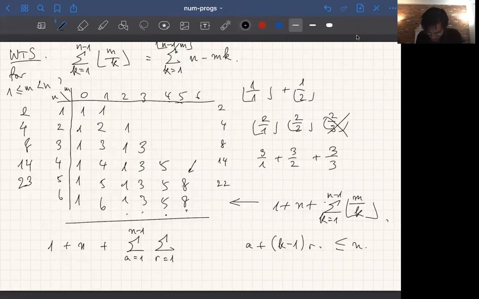So n minus a over k minus 1. R is less than that. N minus a over k minus 1. Oh, wait, we're solving for k. It's still n minus a over r. K minus 1 is less than or equal to that.